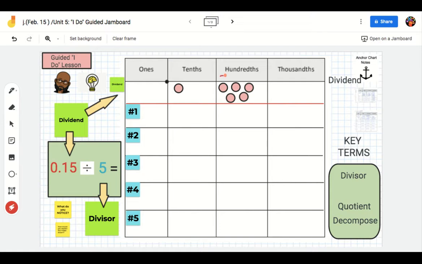I have 5 place value discs in the hundredths place. Why? Because I have 5 hundredths in the dividend. Now I have this thousands place here, and I have 0 disc here. Why? Because I don't have any thousands identified in the thousands place.